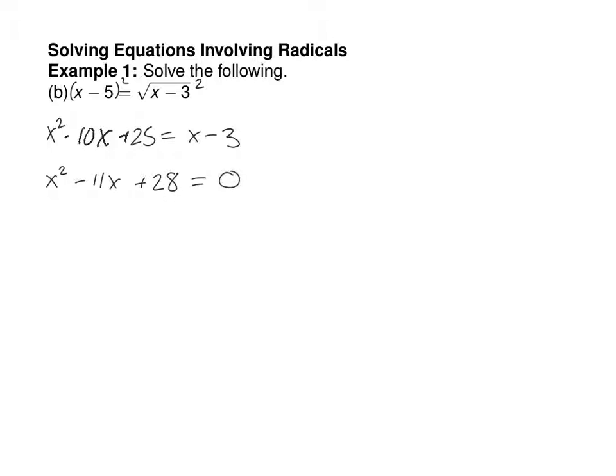And hopefully that factors. It does. 7 and 4? Yep. So that factors into x minus 7 times x minus 4. And one potential answer is 7, and one potential answer is 4.